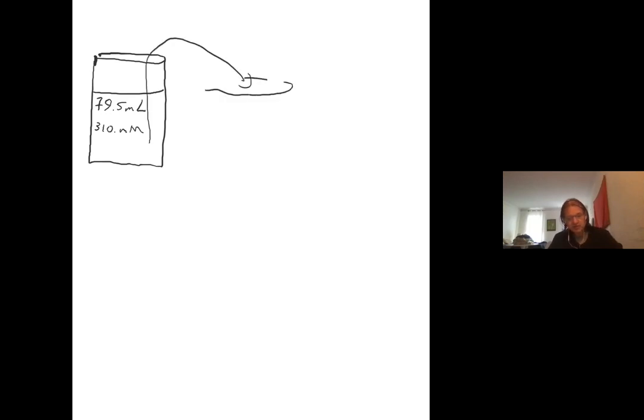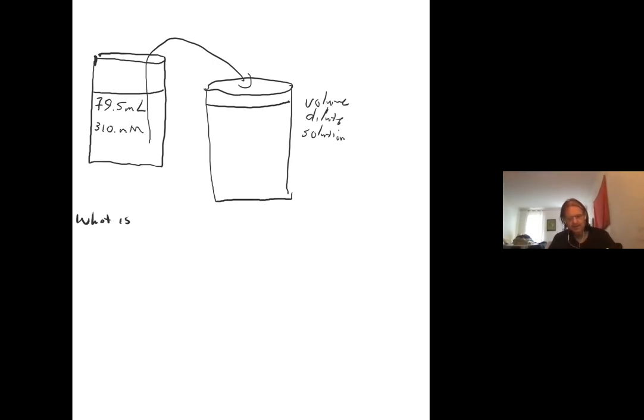Now, it's up to you how you want to interpret. Either they add the water to it or you add it to the water. But they're not telling you the total volume. They're asking you, what is the volume of the dilute solution?